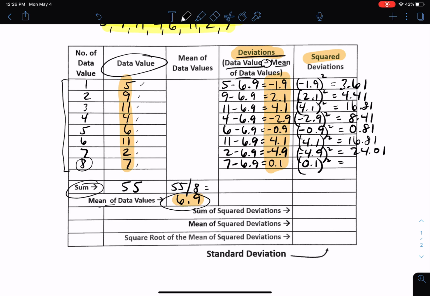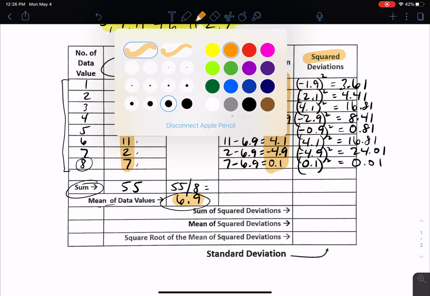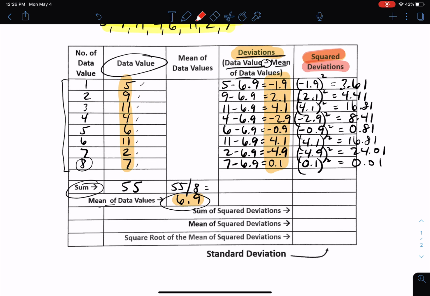And then 0.1 times itself is going to be 0.01. Okay, so now we have squared deviations. These are all the deviations, how far they were off, squared.